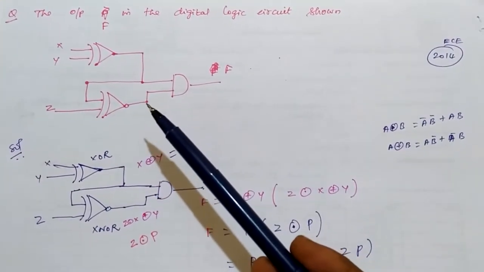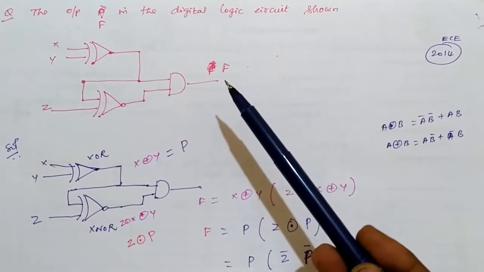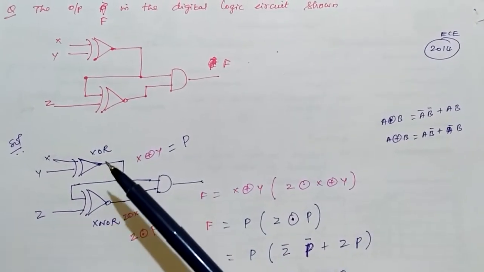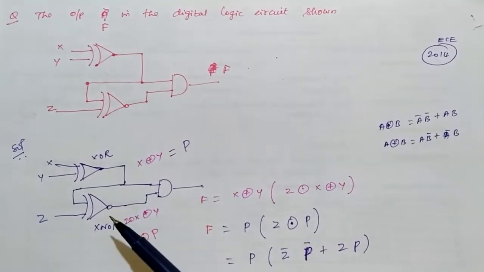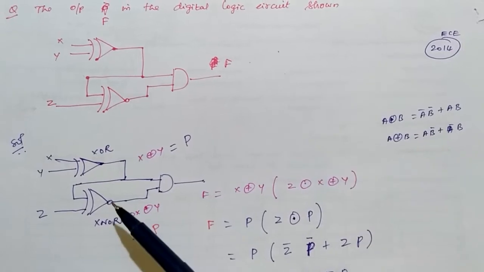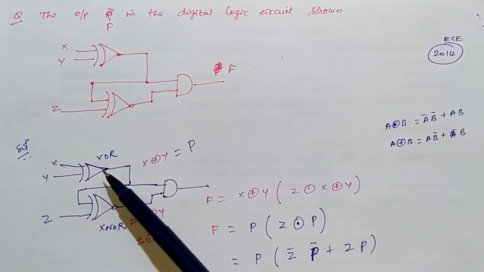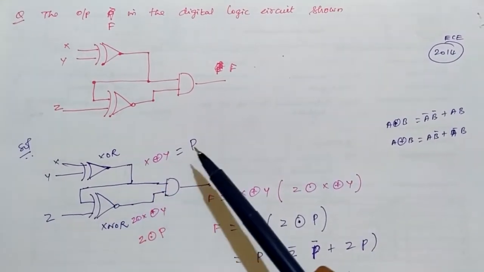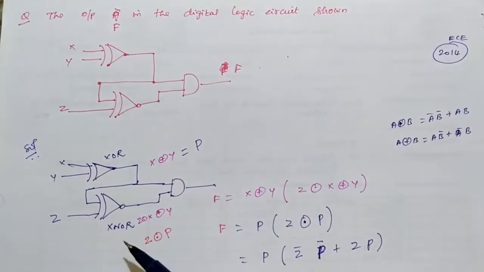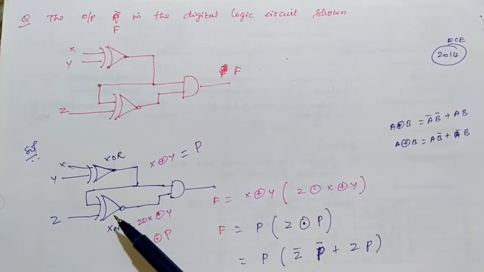For the digital circuit given, what is the output F? So once again we draw the circuit here. We have XOR, XNOR and AND gates. Here the output of this XOR gate is P, that is X XOR Y. Then this is an XNOR gate.